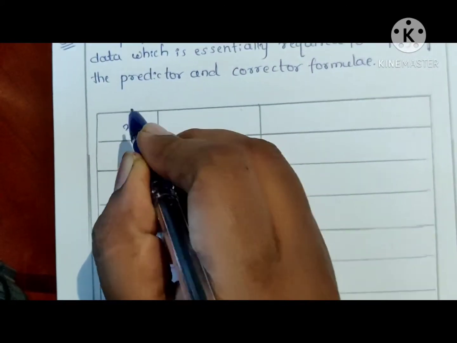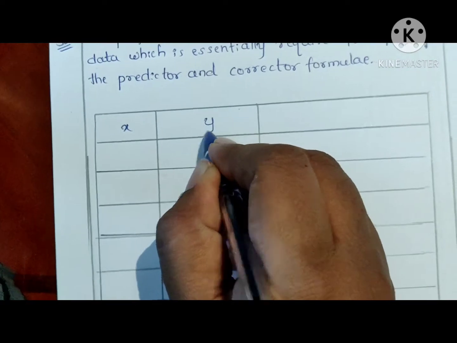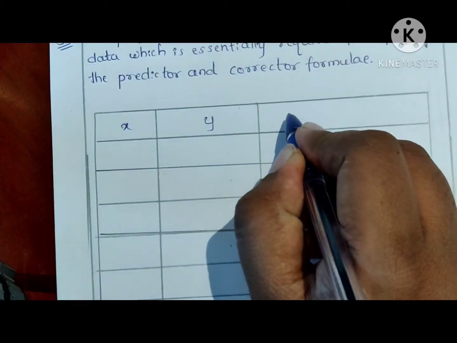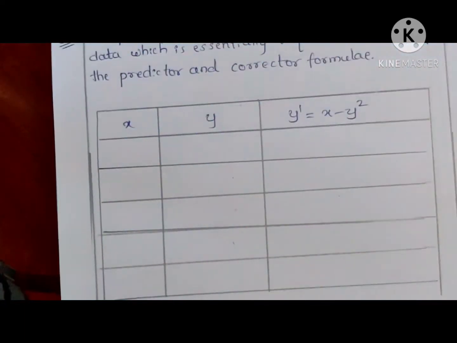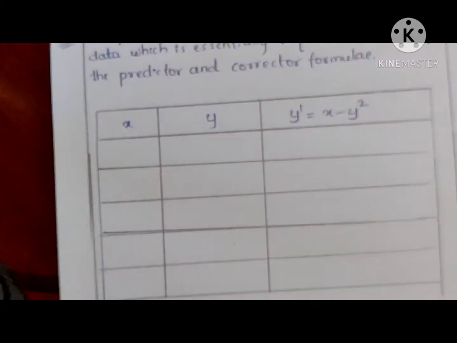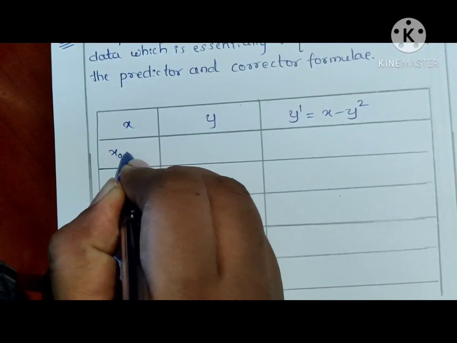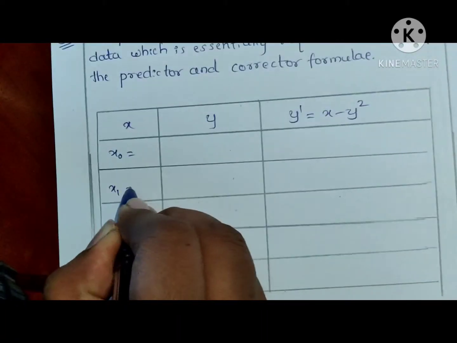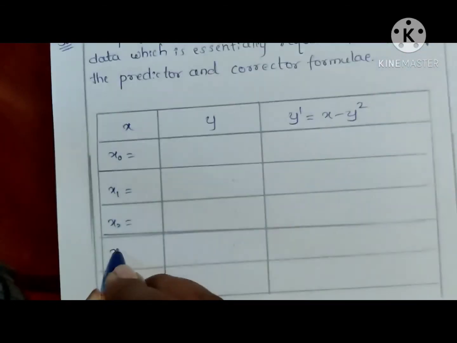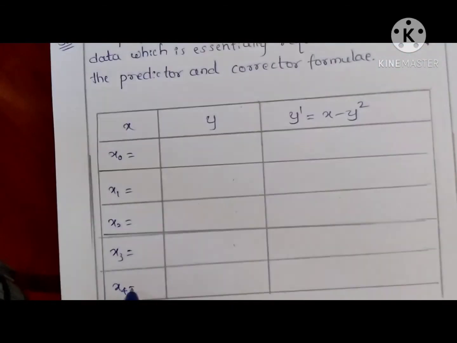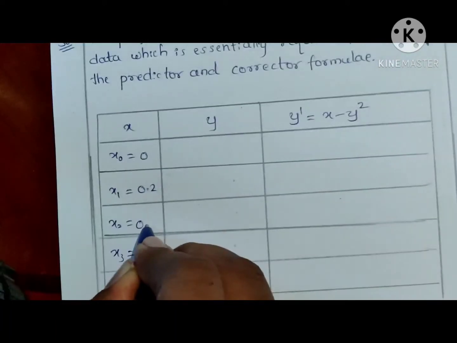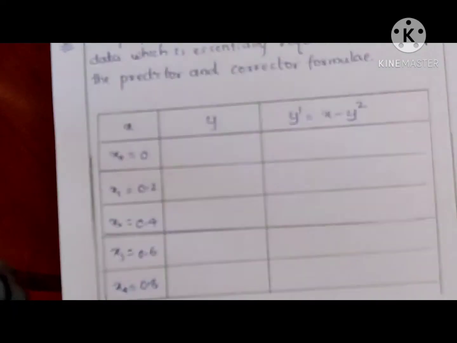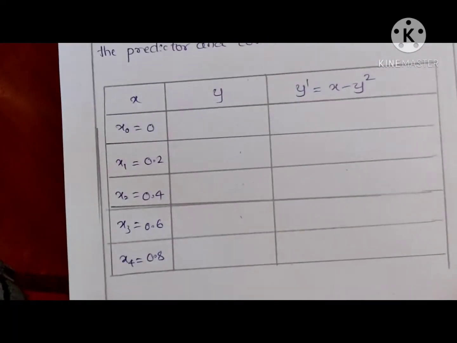The first column contains x, then y, and the next column is your differential equation value, that is y dash is equal to x minus y square. Now write down x0, x1, x2, x3, x4. What is x0? x0 is 0, then 0.2, 0.4, 0.6 and x4 is 0.8. Then write their respective values.